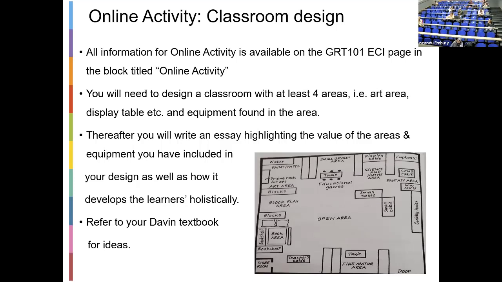What you need to keep in mind there is that in the very beginning of this presentation, I discussed with you the various domains of development. Physical development, which includes fine motor skills, gross motor skills, and perceptual activities. Social, emotional, moral, cognitive, language.